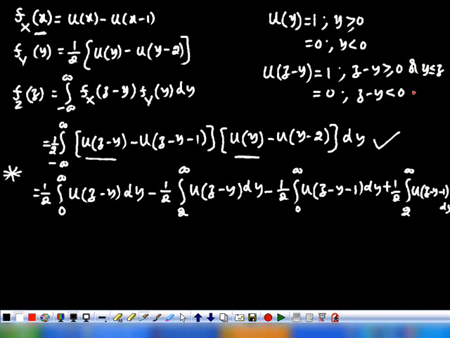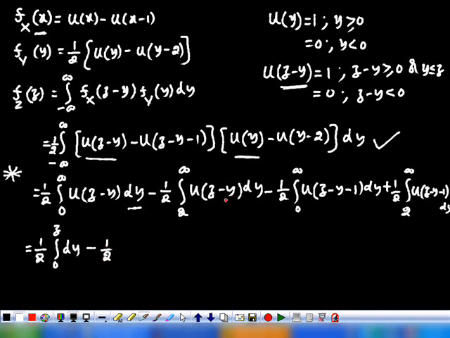Therefore, can I write the first integral as 1 by 2 times the integral where y, the variable of integration, should be less than z? Then this is equivalent to 1. Therefore, this can be written as the integral from 0 to z of dy. And minus 1 by 2.